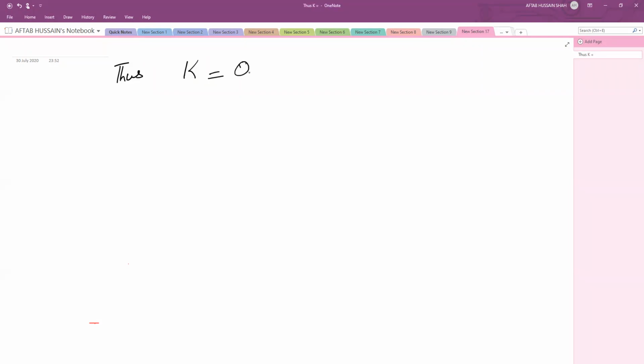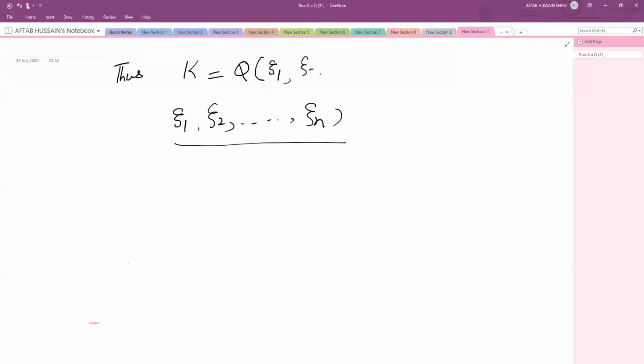K would be Q adjoined the roots. Suppose I am denoting the roots by zeta 1, zeta 2, and so on, zeta n. So K would be the field generated by these nth roots of unity.